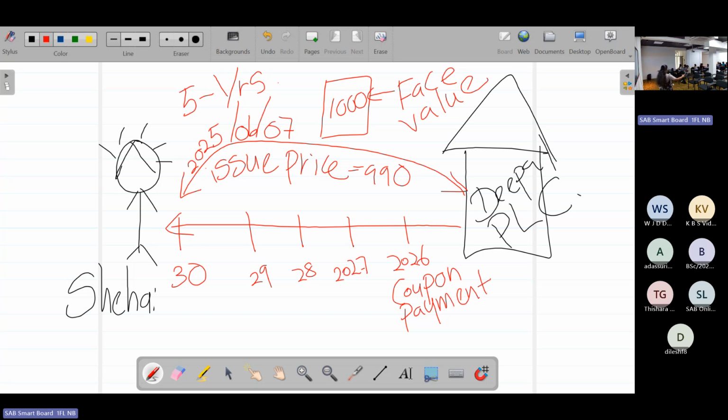How can we calculate the coupon payment? Write it down. Coupon payment equals. You have to draw it with me. I'm not going to draw it again. Coupon payment equals face value multiplied.